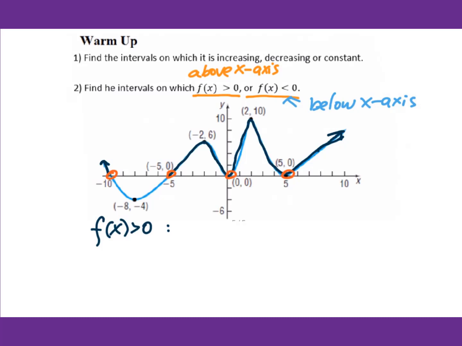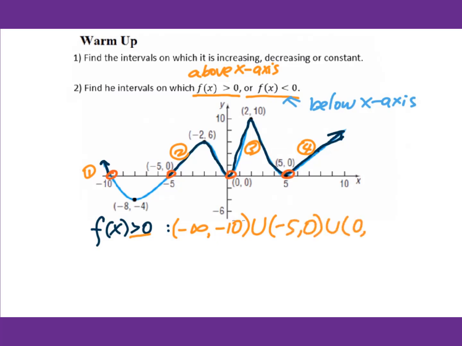Therefore, we can write down f of x greater than 0. You will have 1, 2, 3, 4 intervals. We will write down from -infinity to -10. Remember, it's open parentheses because it said greater than 0, not greater than or equal to 0. From -5 to 0.